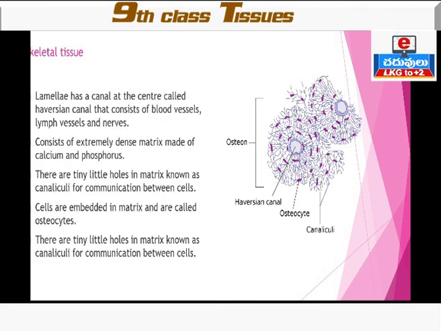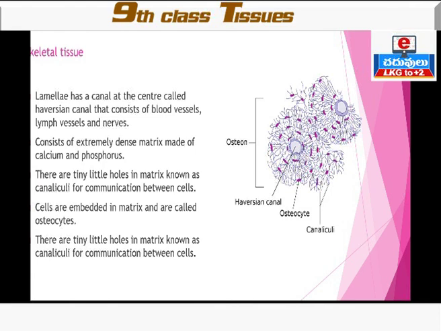At the center of the osteon, you can see a canal, and that canal is called a Haversian canal. An osteon is also known as a Haversian system. The canal at the center of the osteon, the Haversian canal, consists of blood vessels, lymph vessels and nerves.